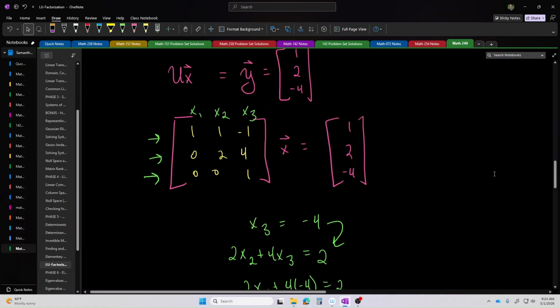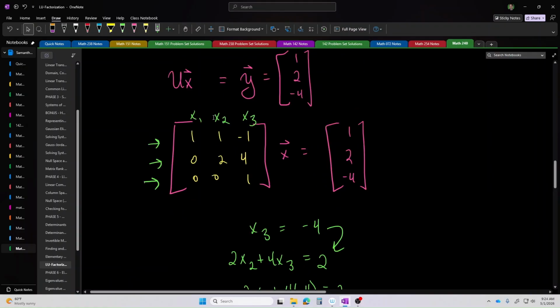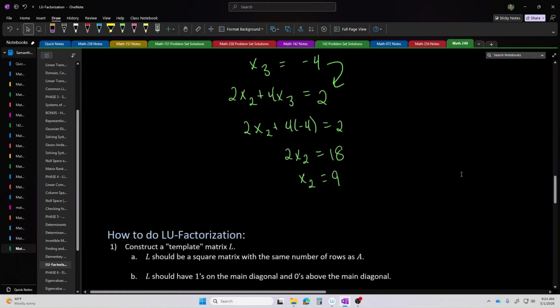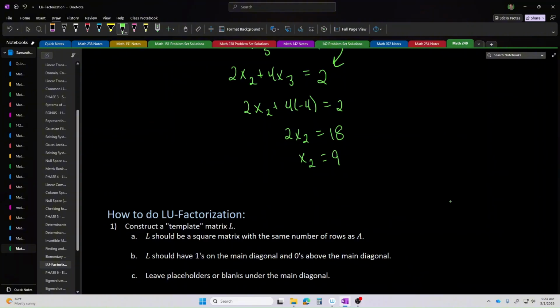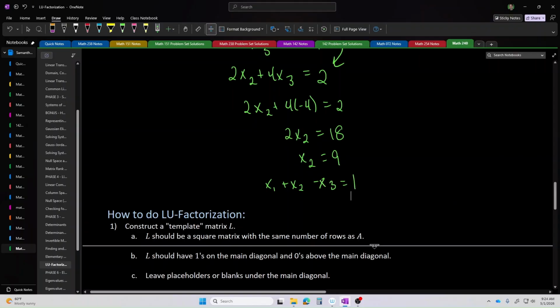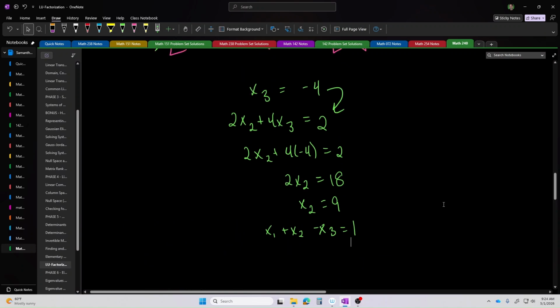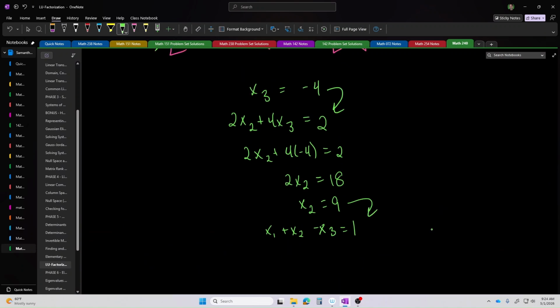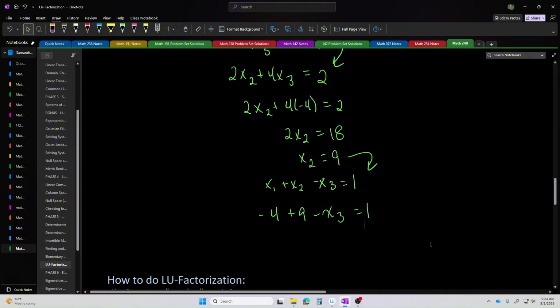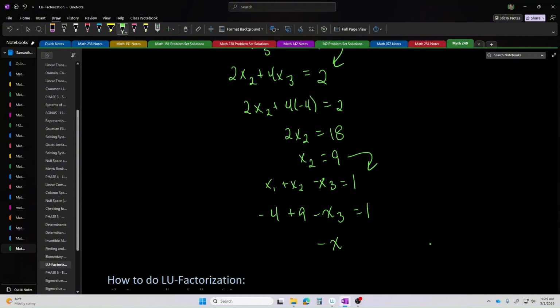Then read the top row that says x1 plus x2 minus x3 must equal 1 on the far side. If I substitute in the x3 and the x2 that I found earlier, I get x1 plus 9 minus negative 4 equals 1. So that is x1 plus 13 equals 1, so x1 equals negative 12 by my reckoning.